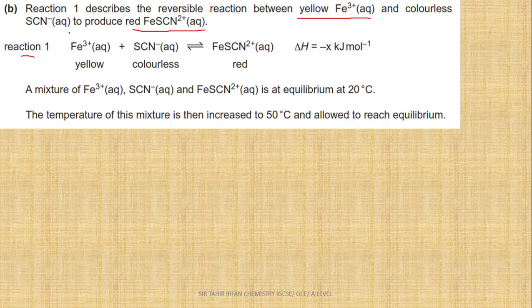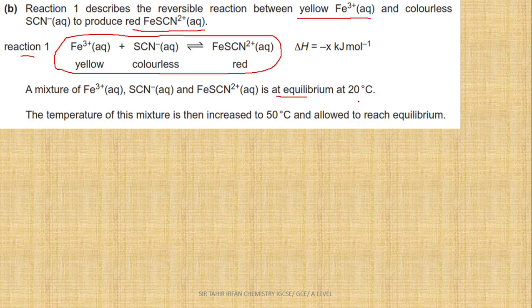We can see the reversible chemical reaction here. A mixture of iron 3, SCN and FeSCN 2+ is at equilibrium at 20 degrees centigrade.